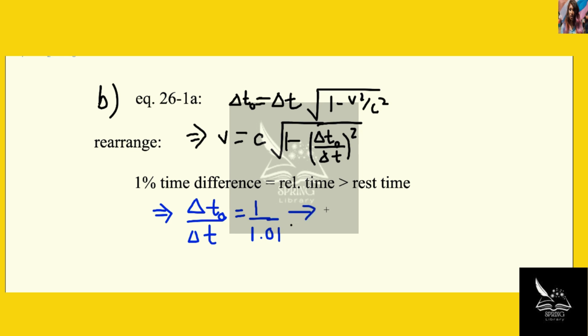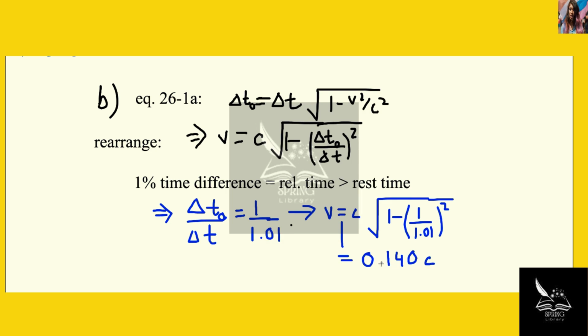This means that v, in this case, is c times the square root of 1 minus (1 over 1.01) squared, a 1% change, and that gives you something very close to 0.140 times the speed of light. And that's it.